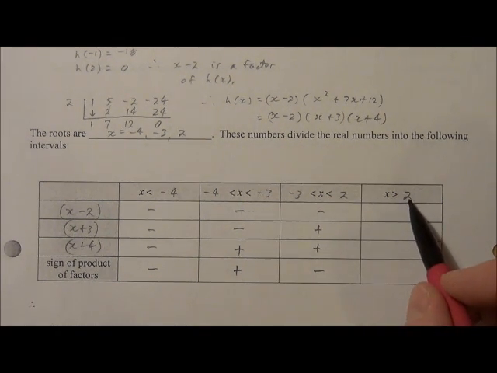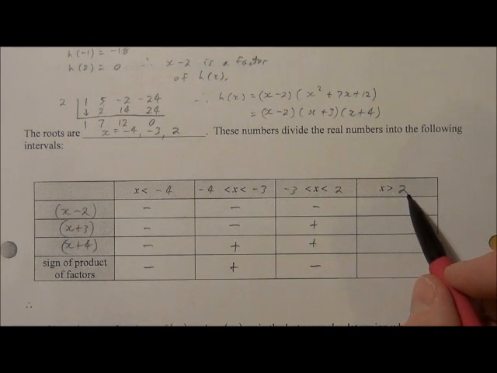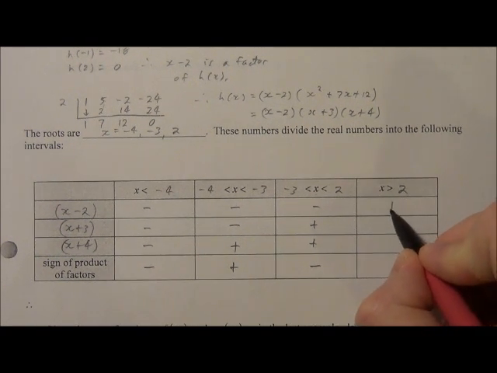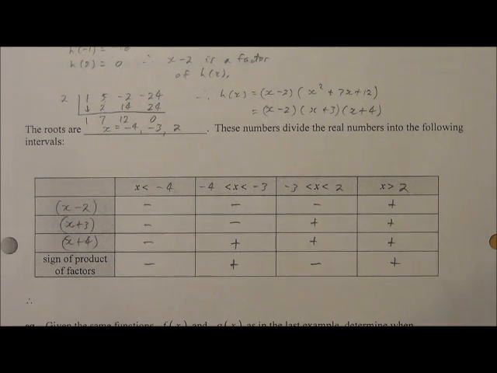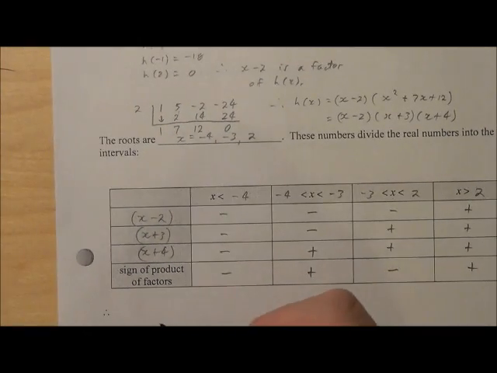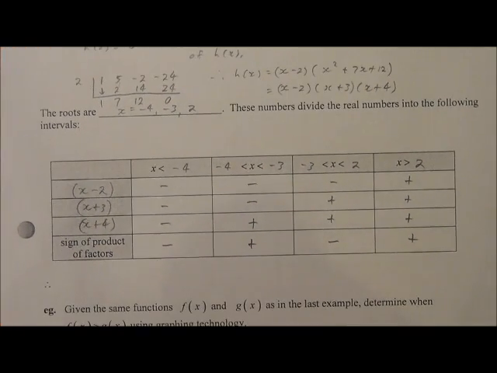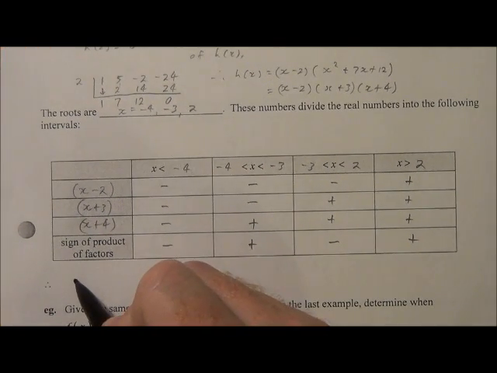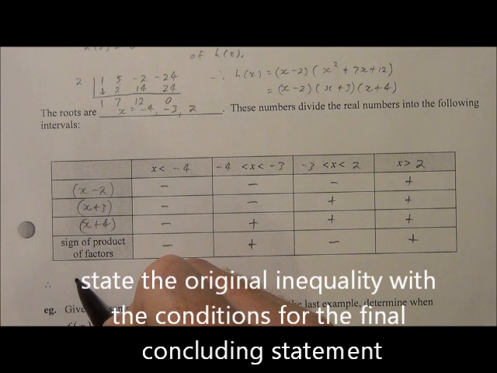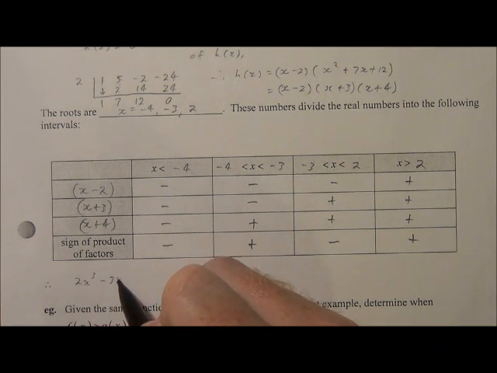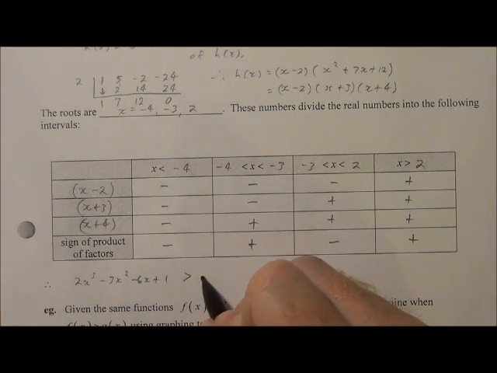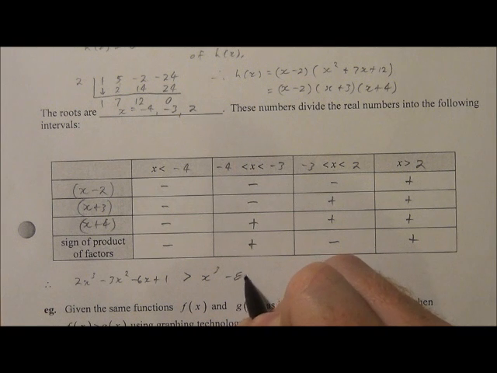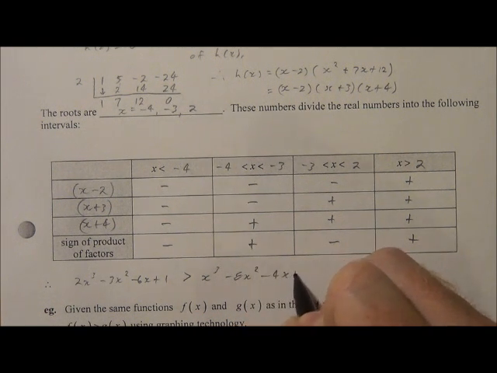And then I'll choose something greater than 2, which could be 3 or greater. And so all of these are going to be positive, which leaves me with a positive there. So therefore, and here's the final therefore, 2x cubed minus 3x squared minus 6x plus 1 is greater than x cubed minus 8x squared minus 4x plus 25.